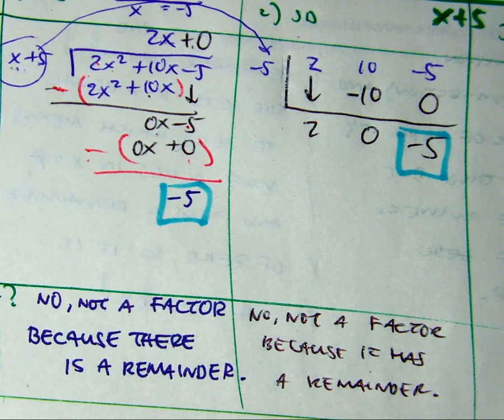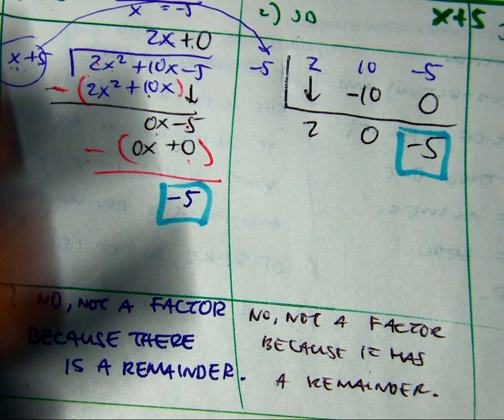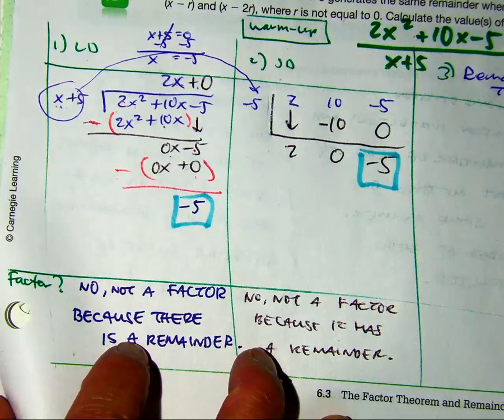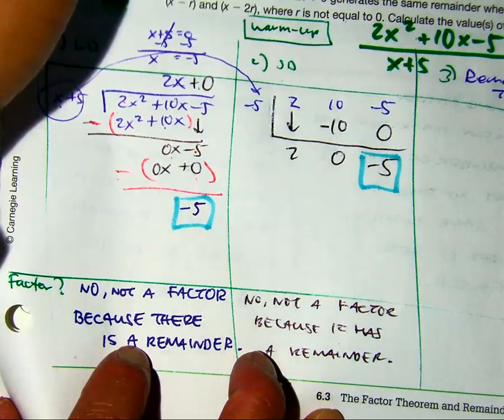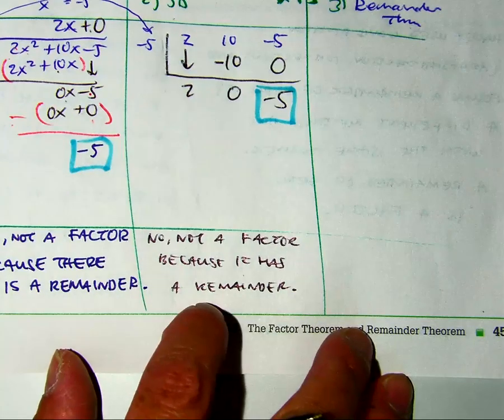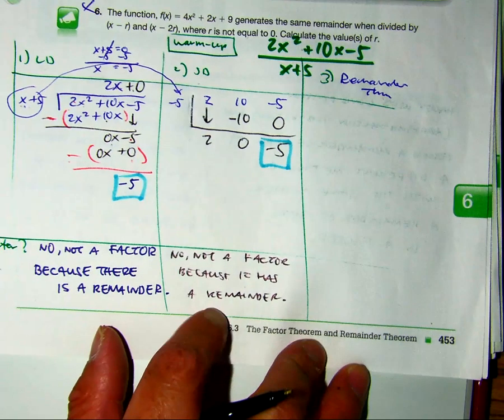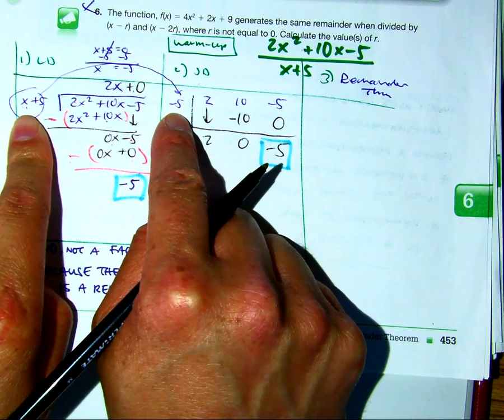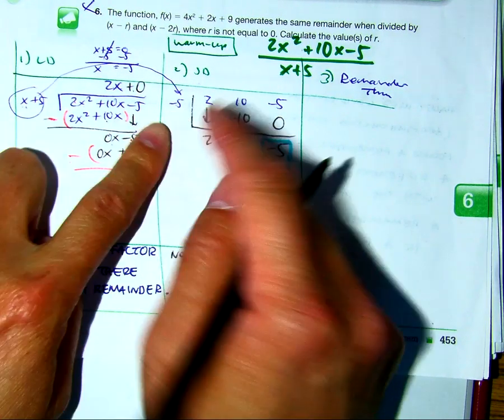Jesse V. Let's now use the remainder theorem. Jesse, what number should I be using for the remainder theorem? X plus 5 or x equals negative 5? X equals negative 5.